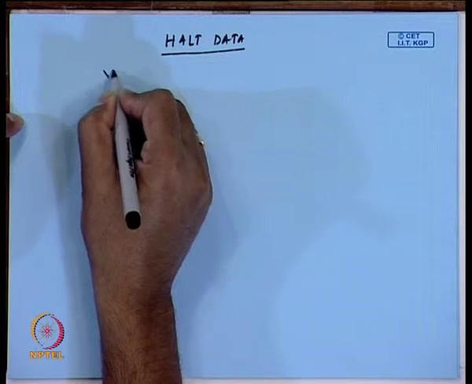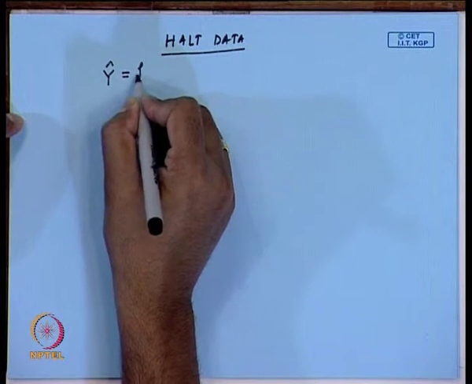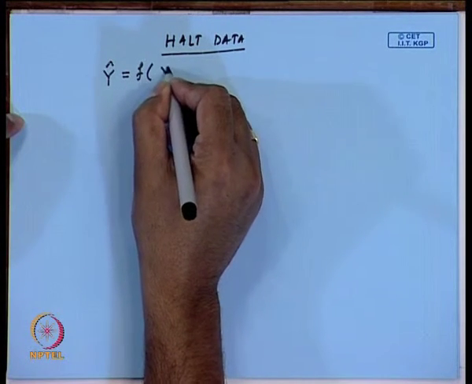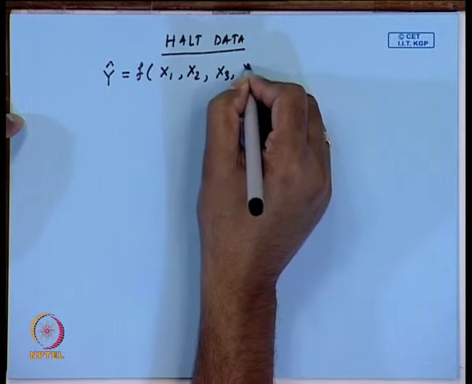So, we will first fit y as a function of all the 4 regressor variables x 1, x 2, x 3, x 4.